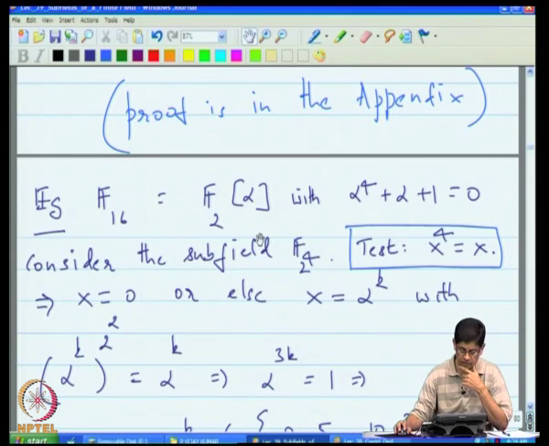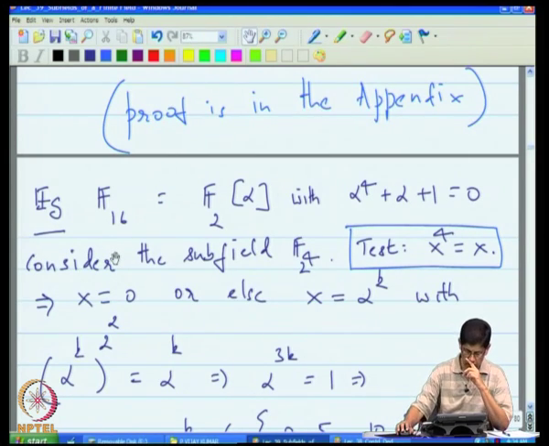So, let us say that F16 is F2 of alpha. This notation means the set of all polynomials in alpha whose coefficients lie in F2, where alpha satisfies the relationship alpha to the 4 plus alpha plus 1 equal to 0.